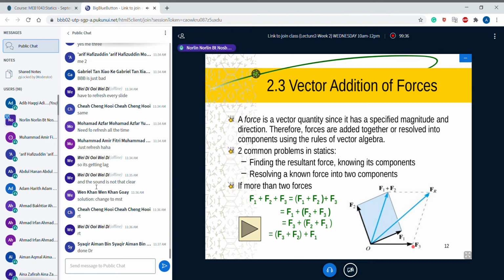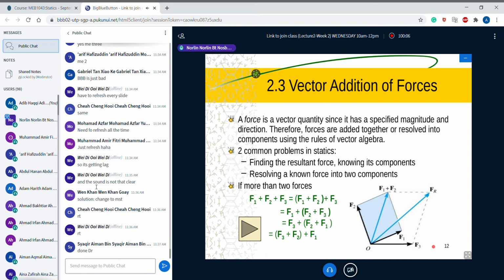But you need to make it easier into two components. So you need to create another force, which is the combination of F1 and F2. So when you add F1 and F2, you will get this direction, this force, so that you will only have two components, at this point and another at this point.